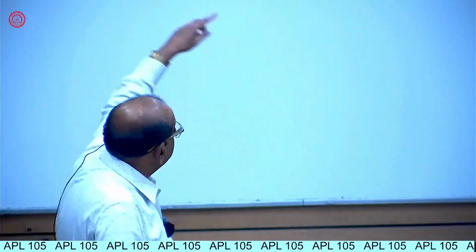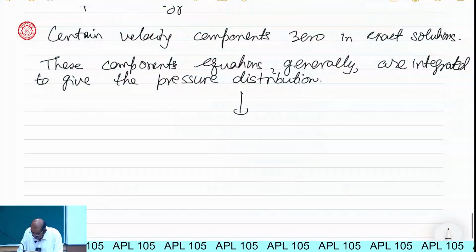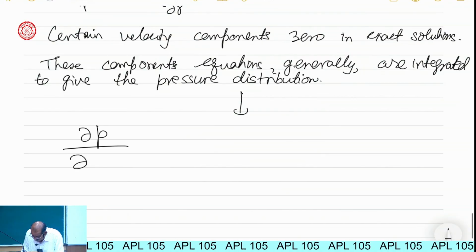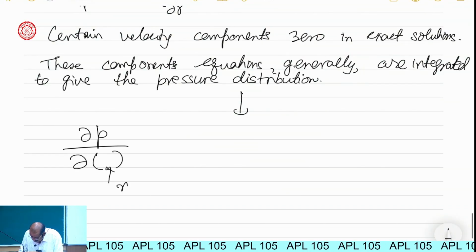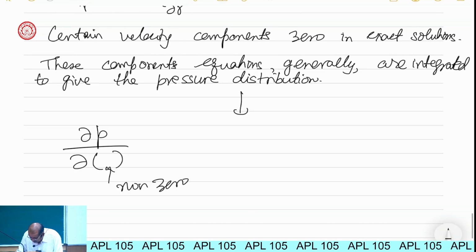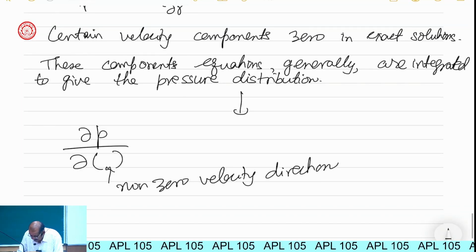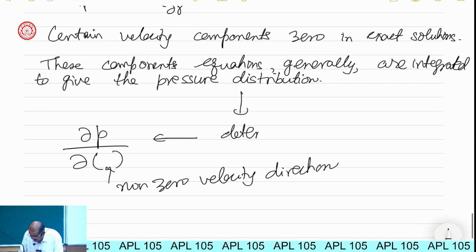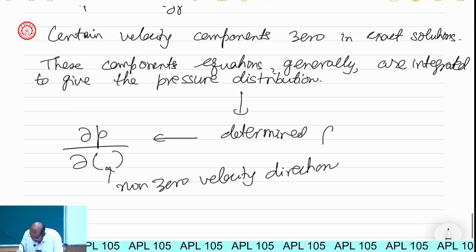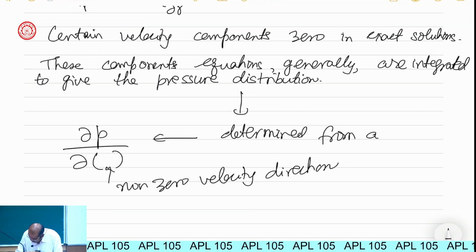Okay. So the components where the velocity is zero have a big role because they will give you the form of the pressure distribution. And from this, you will take partial P by partial, this is the non-zero velocity direction. This is determined from above.